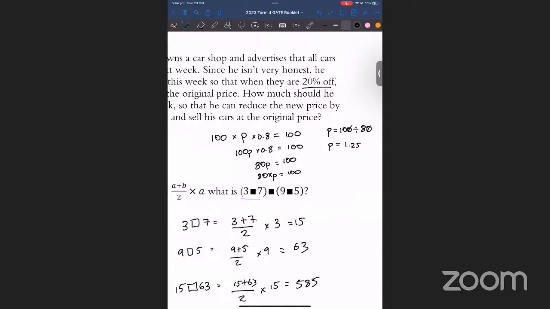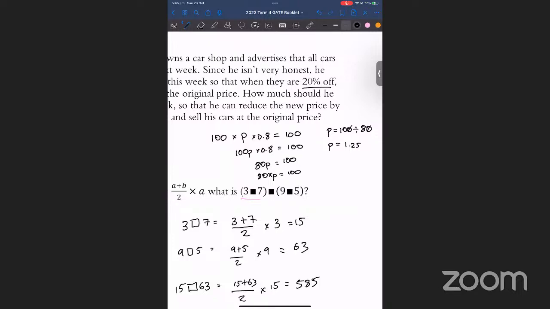And if you add a 0, how many times does 8 go into 20? Twice. Remainder 4. Good man. And then if you add a 0, how many times does 8 go into 40? 5. Good. So 1.25.